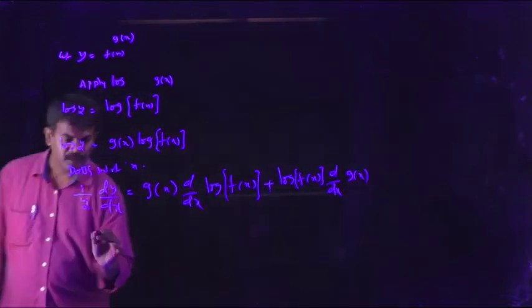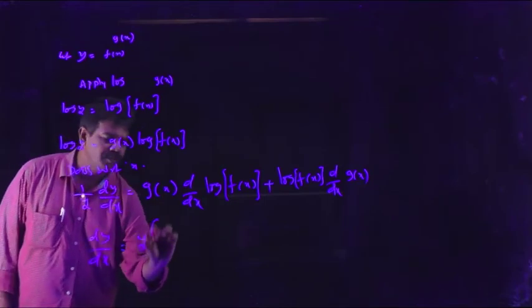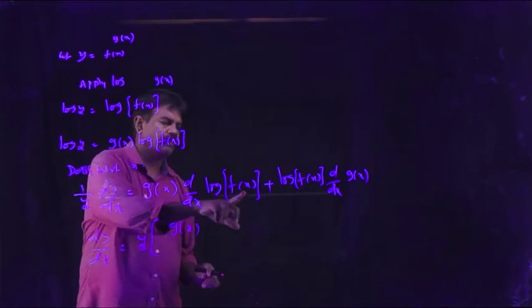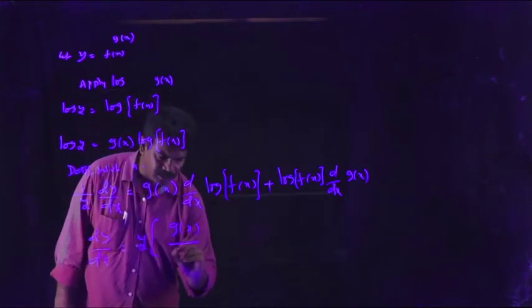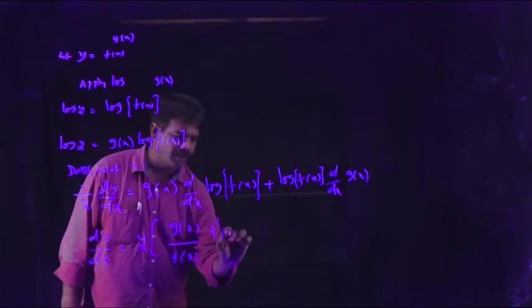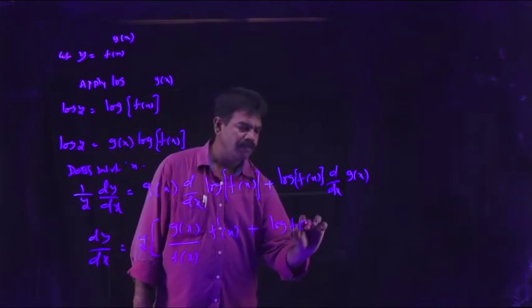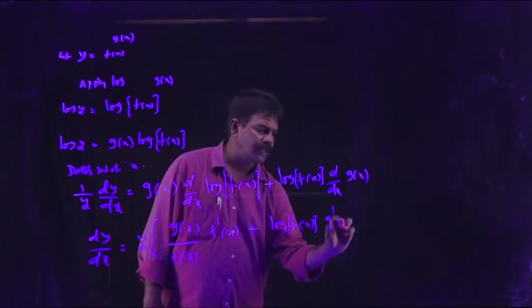So dy by dx is equal to y into g of x into derivative of log x, which is 1 by x, into derivative of f of x is f dash x, plus log of f of x into derivative of g of x is g dash x.